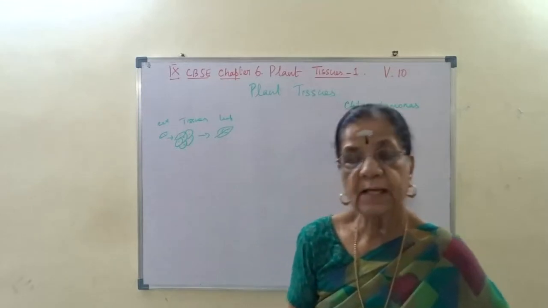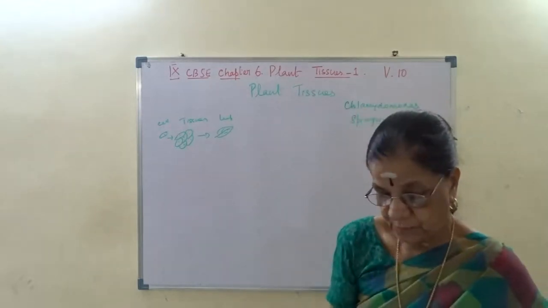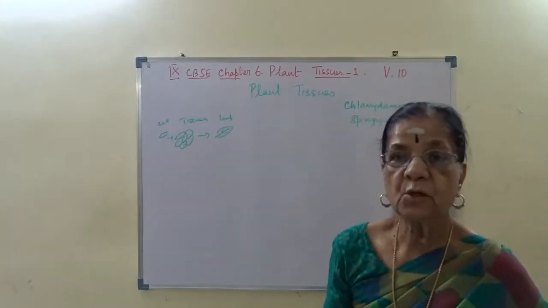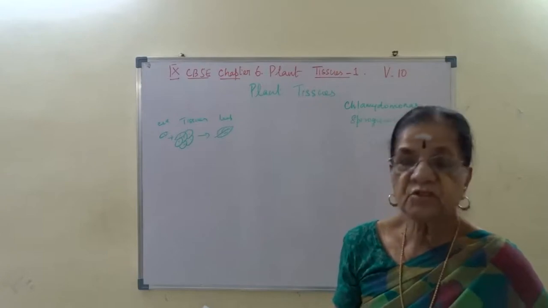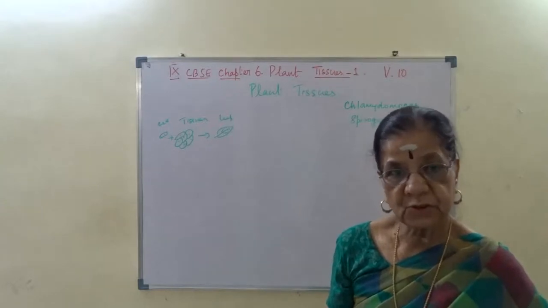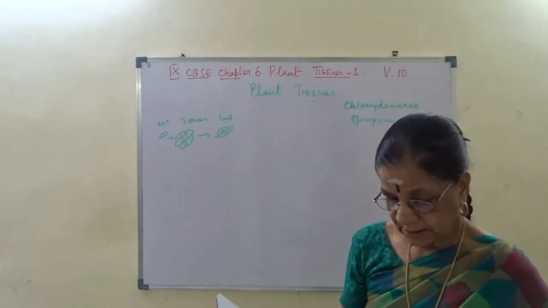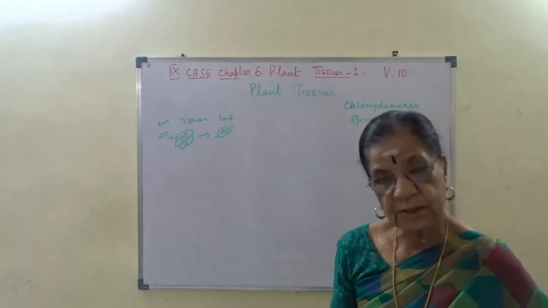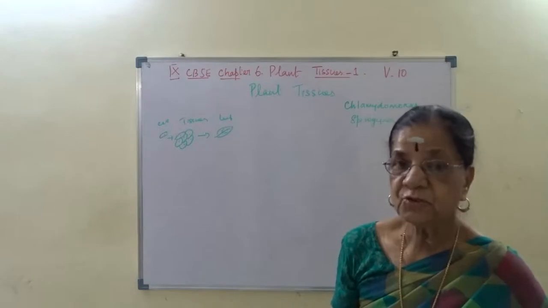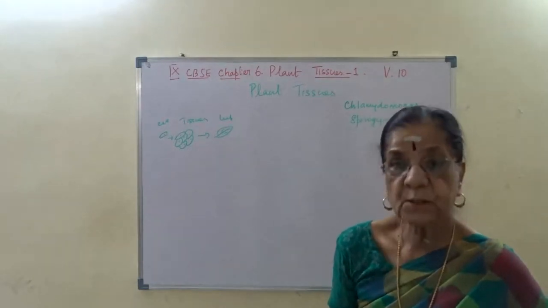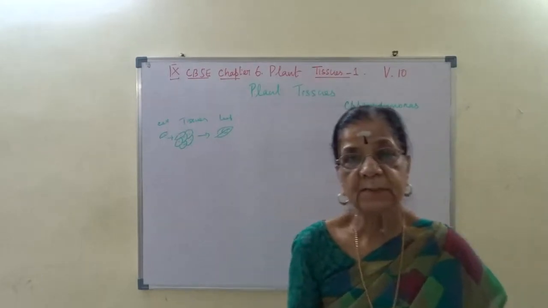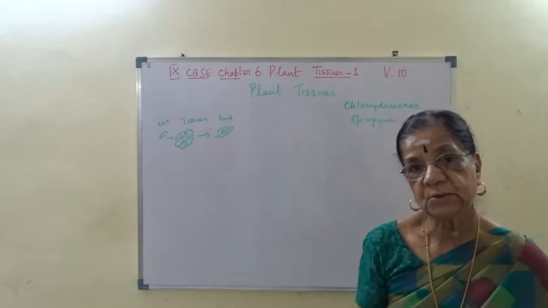Here it is given that an organ is a structure made up of a collection of tissues that carry out a specialized function. For example, in plants, root, stem and leaves are the organs, whereas xylem and phloem are tissues.